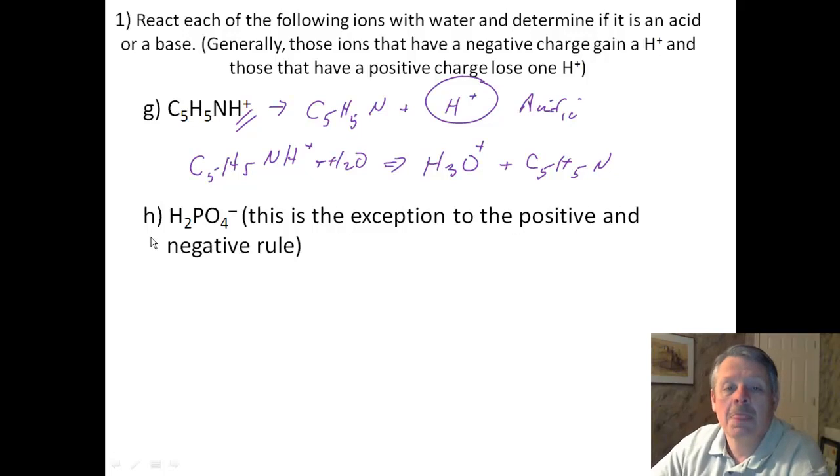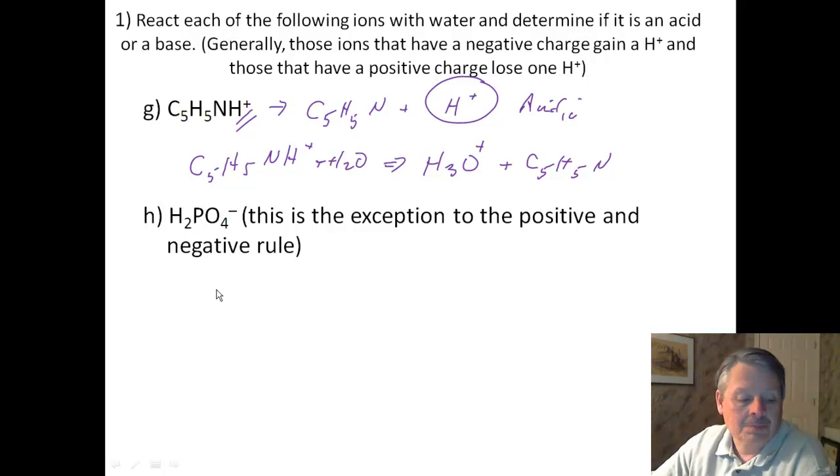All right, now how about this negative one? This one is an exception to the positive and negative rule, because typically if it's negative, it's going to gain a hydrogen, right? In this case, it's going to do the reverse. In this case, if you think of the PO4, you should be familiar with that as phosphate. And remember, it takes on a -3 charge.